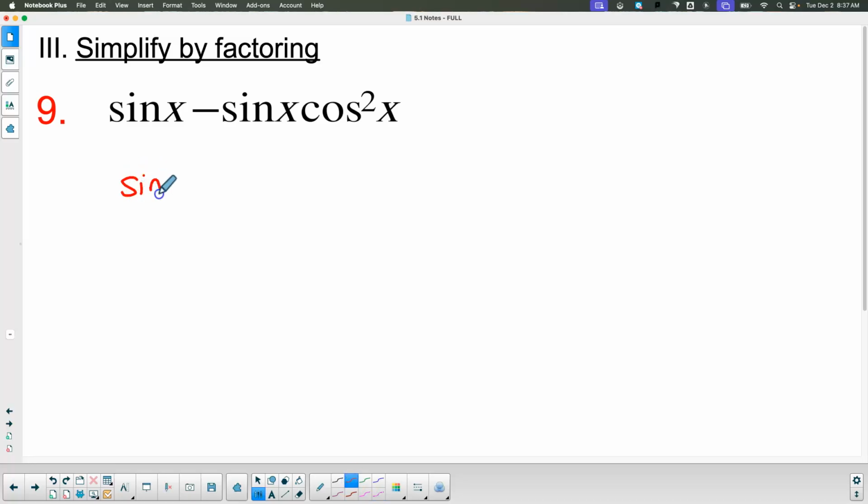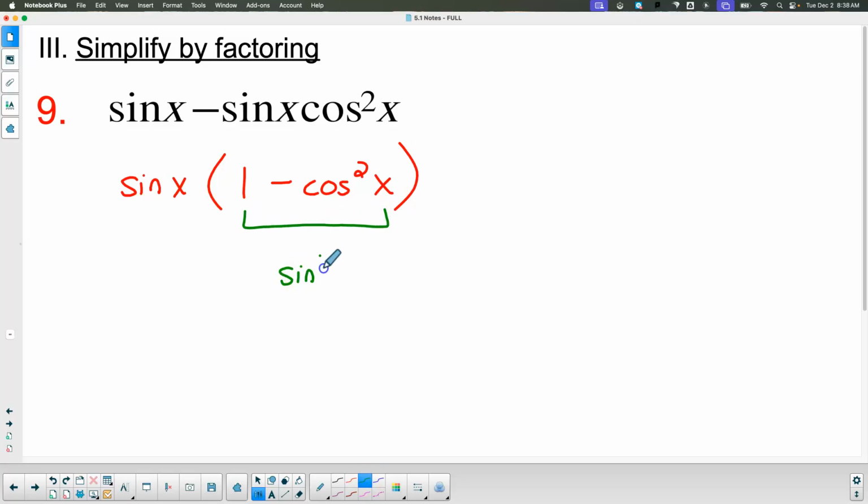If I factor out a sine of x, what's left over? 1 minus cosine squared. 1 minus cosine squared is? Sine squared. Sine of x times sine squared of x is sine cubed of x.